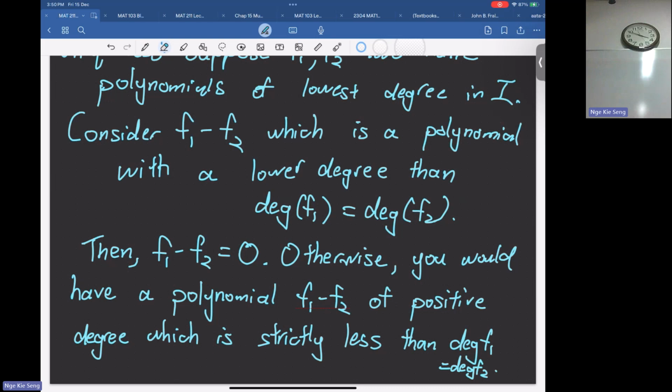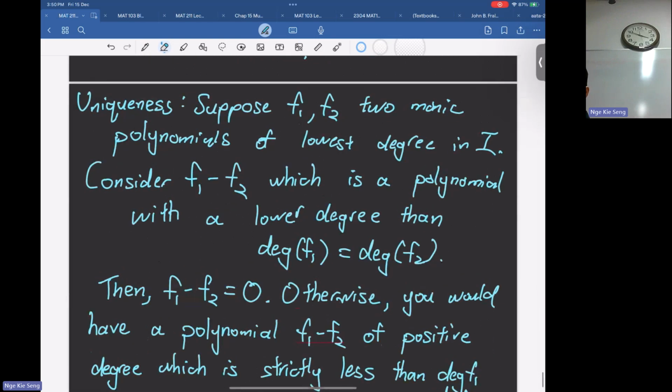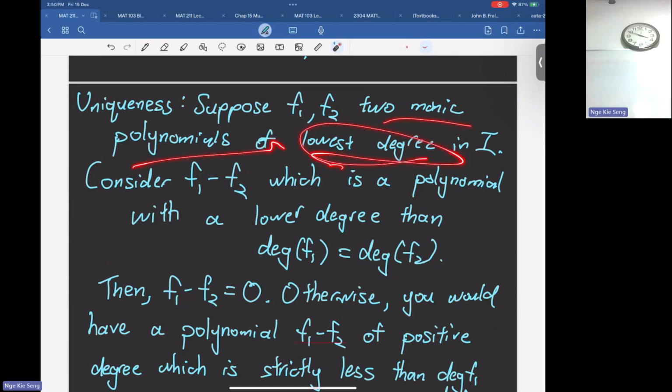F1 and F2 are monic, yes, correct. Because we suppose that F1 and F2 are two monic polynomials of lowest degree in I. This is the lowest one I can find. So the general statement for uniqueness is: you suppose there are two things with the same property, and then show that they are the same.